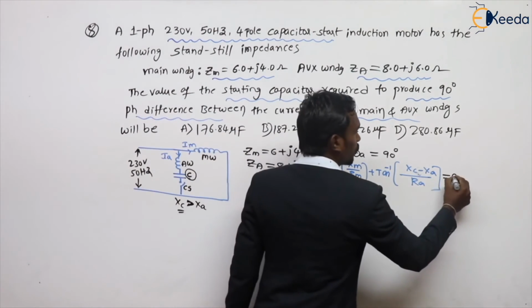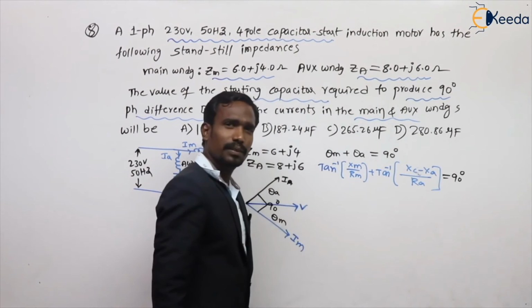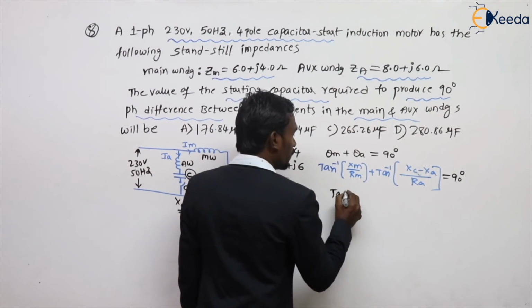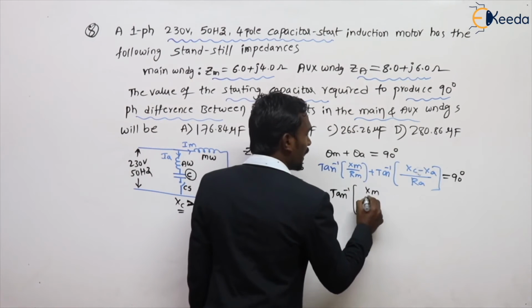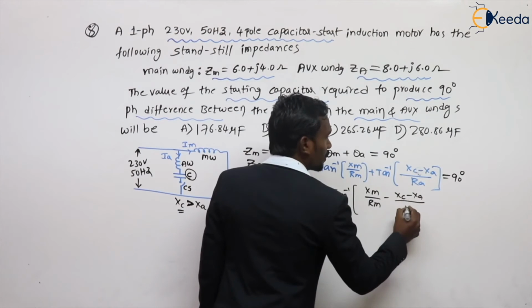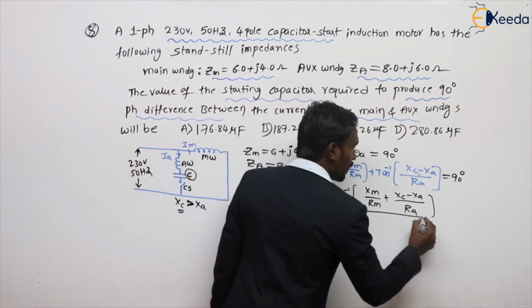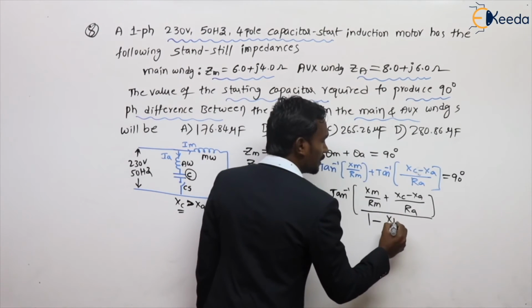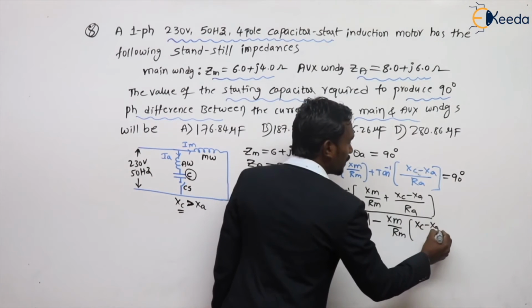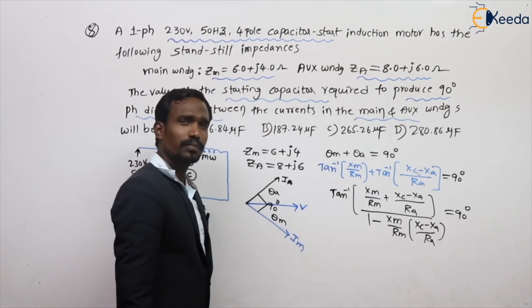Tan inverse of A plus tan inverse of B is tan inverse of (A plus B) by (1 minus AB), and this equals 90 degrees.